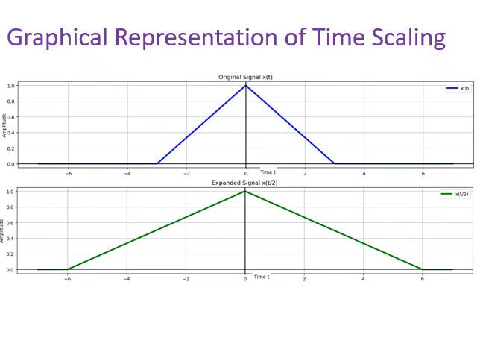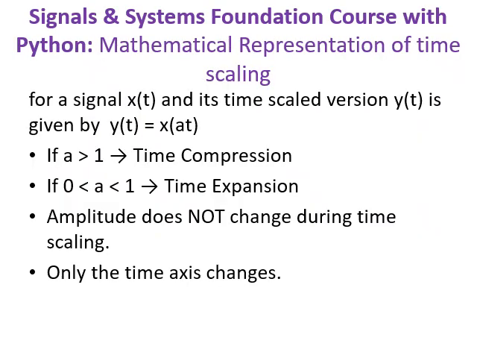Now let's do some brief mathematics on it. So mathematically we have a signal x of t and its time scaled version is written as y of t, and we say y of t equals x of at, where a is the scaling factor. So if a is greater than 1, in that case the resulting signal will be compressed, or time compression will happen.